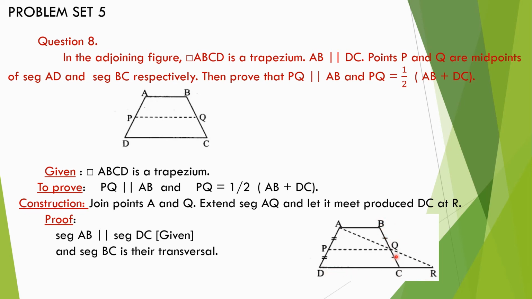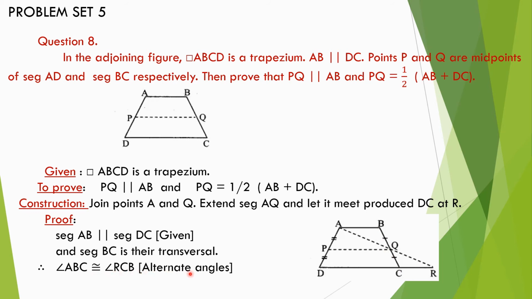Then what about the angle ABC and angle RCB? Angle ABC and angle RCB are alternate angles. Alternate angles are congruent. Therefore, angle ABC congruent to angle RCB, that is the alternate angles.